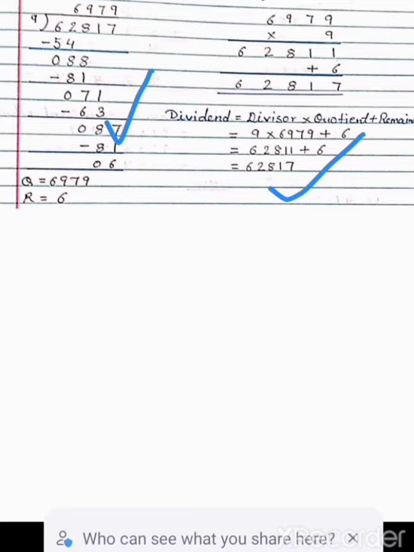The division step and this checking part are important. If you do not do these, you are going to lose marks. The heading is compulsory to write for checking, but this part is optional. You can do this as fair work or as rough work. But these two parts where I have put a tick are compulsory to show.